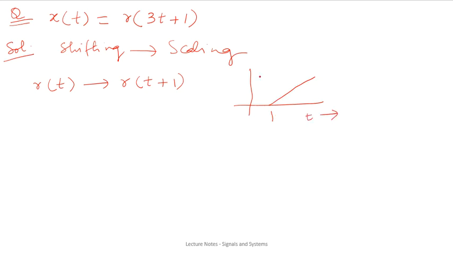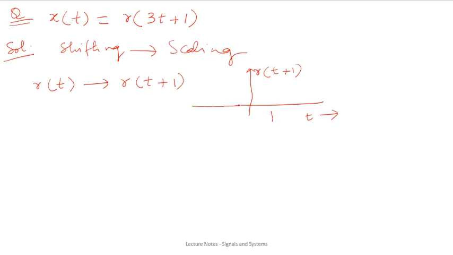I'm sorry, the shifting will be on the left-hand side, because here it is r(t + 1). So I should erase this.